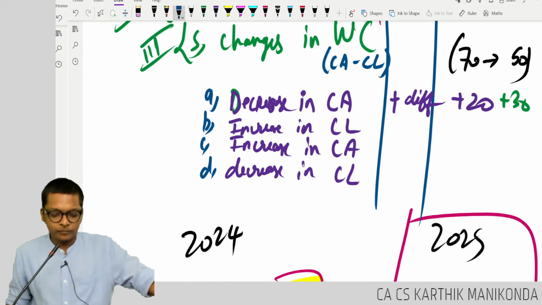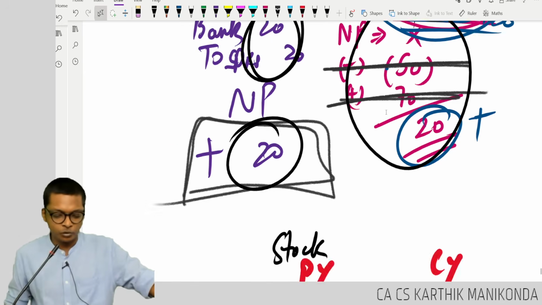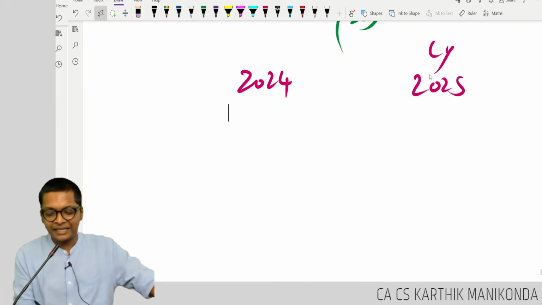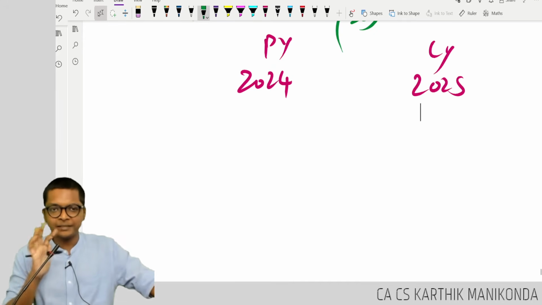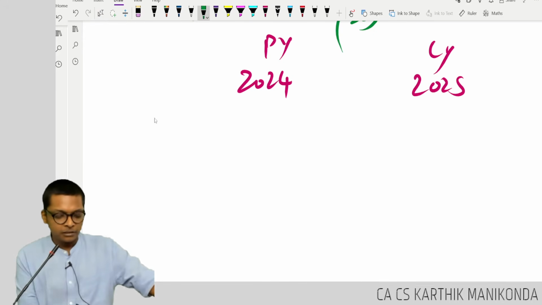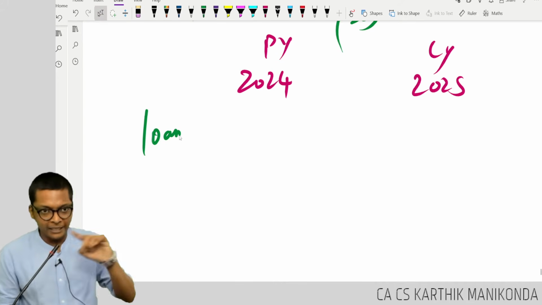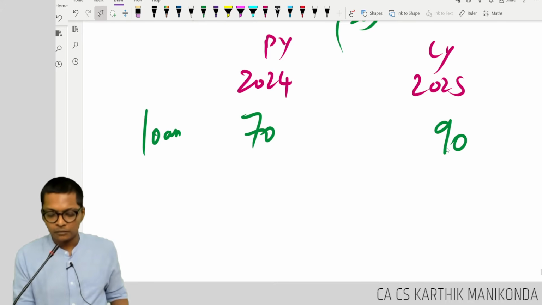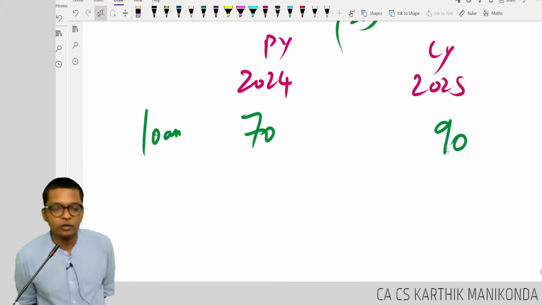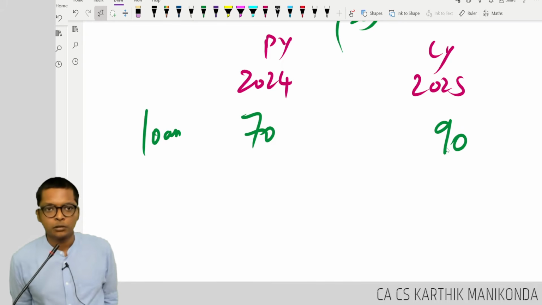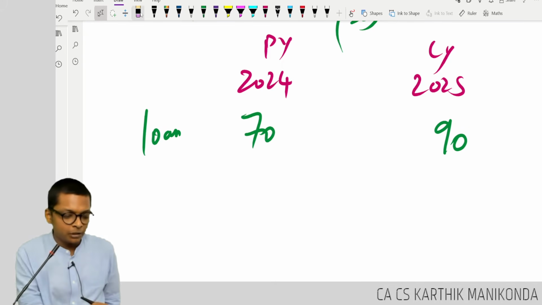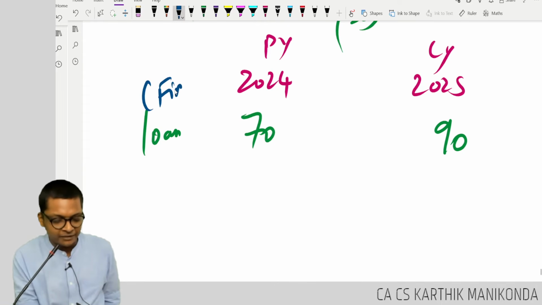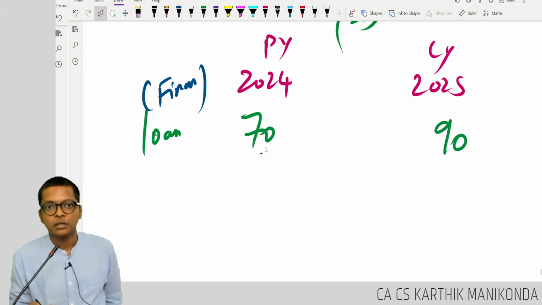Let me take a simple example first. Let's say 2024 is my previous year, 2025 is my current year. Very simple, guys. Last year, my loan, liability, my loan was 70. This year, it is 90. What is the meaning of this? Loan is a financing activity, let's keep it, but still 70 became 90.